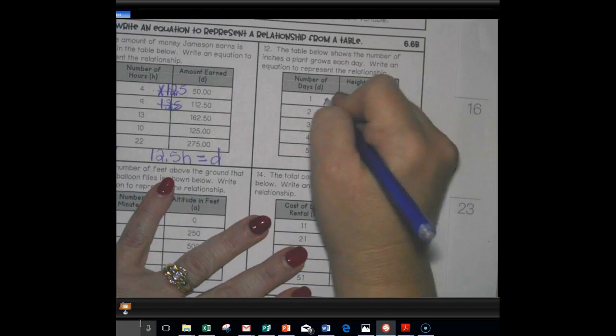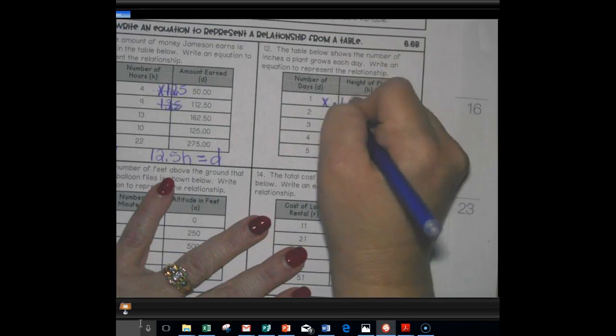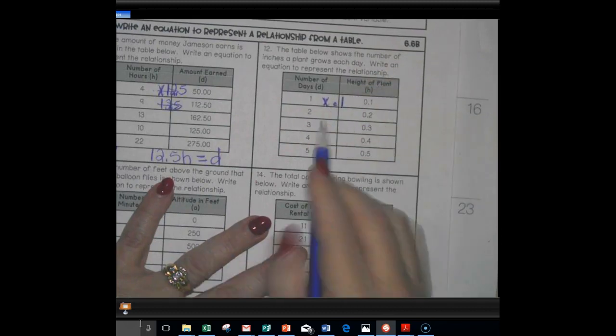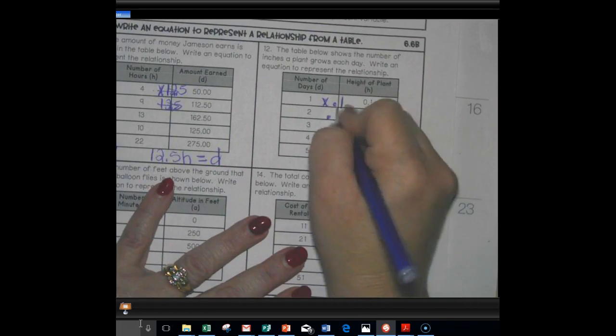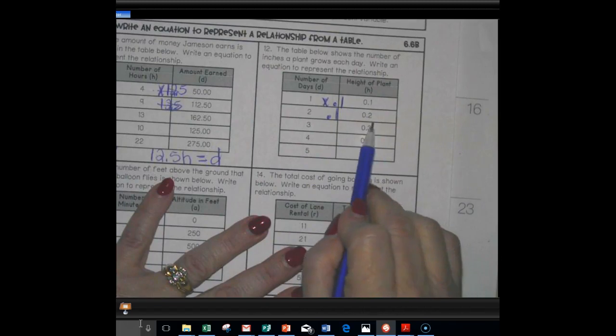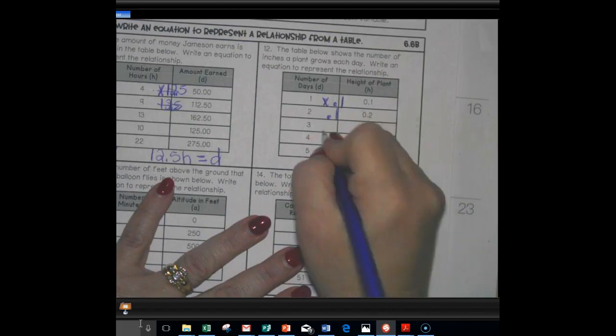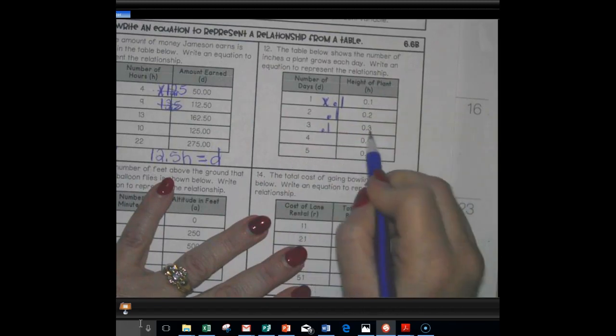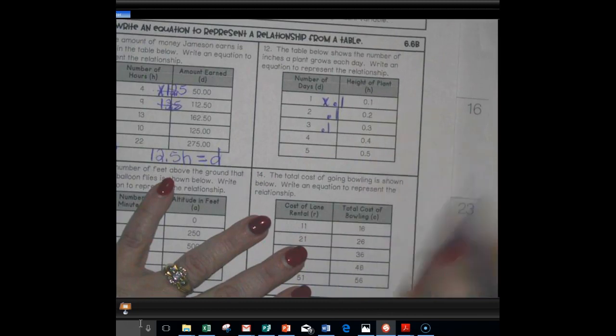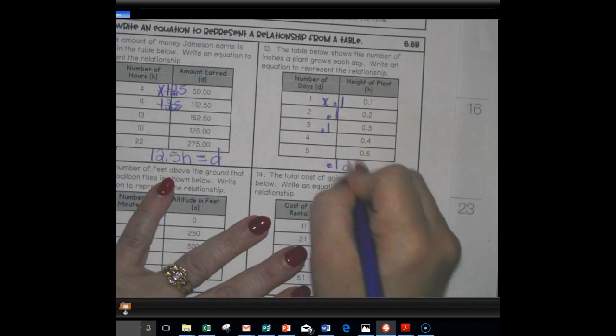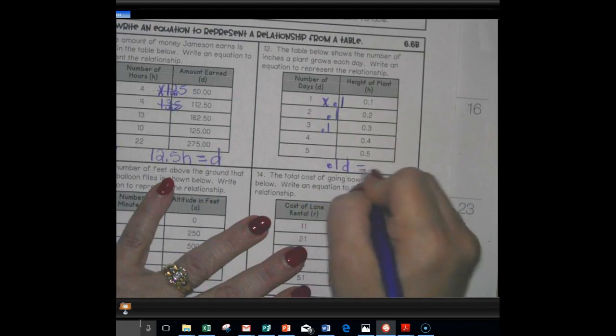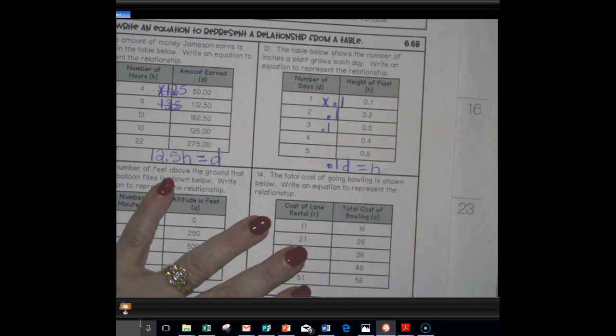I am multiplying by decimal 1, 1/10. 2 times 1/10 is 2/10. 3 times 1/10 is 3/10. So I'm going to take decimal 1 times D equals H.